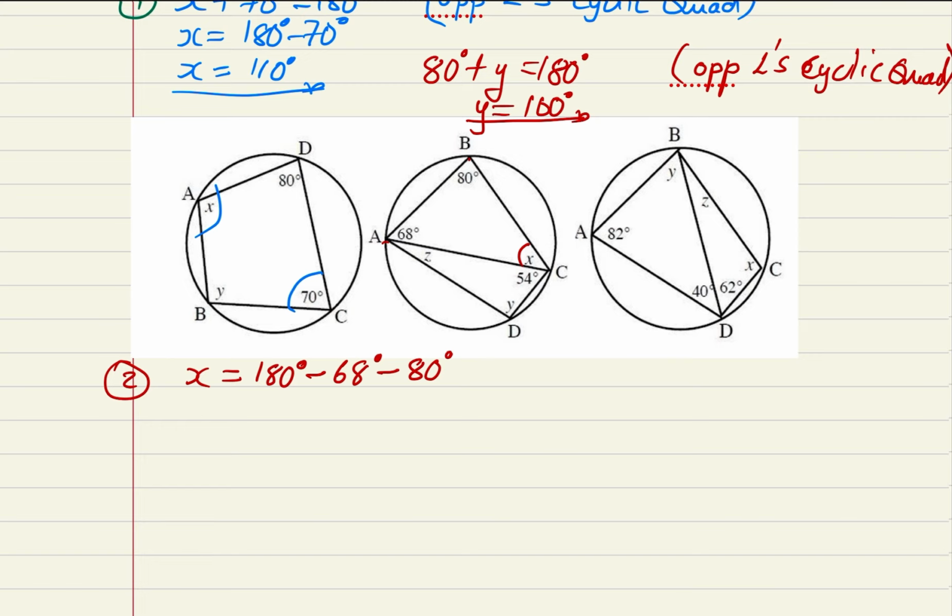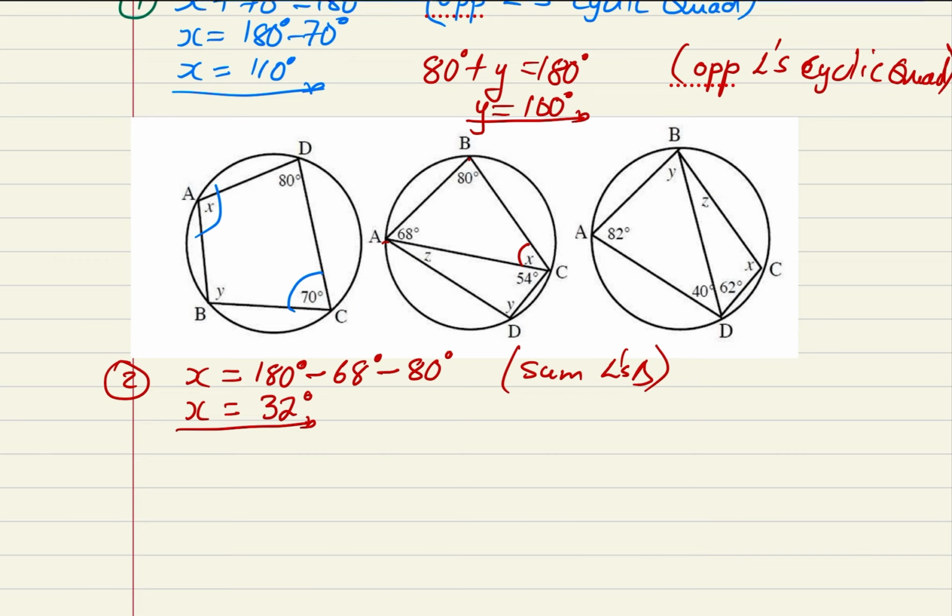Guys, remember, we can't do anything without a reason. Why do we say so? It's because this is the sum of the angles in a triangle. Then when we subtract, x is going to be 32 degrees. We have now x. Having x helps us.